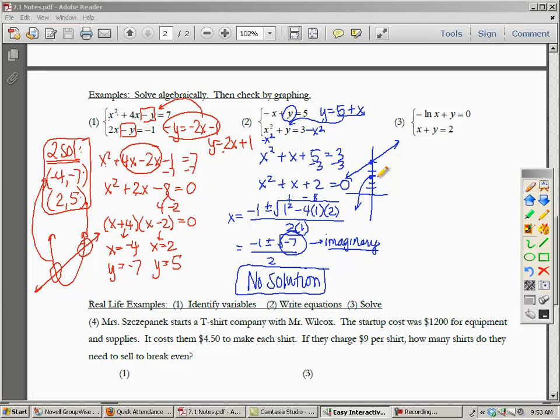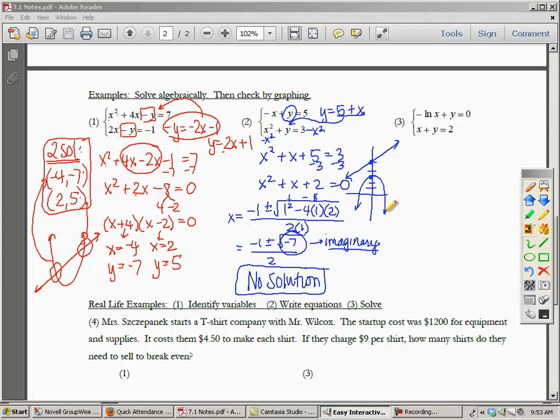So it opens down with a vertex of 3. Do you see why then we don't have any solution or any points in common? Because as you look at this, again, there's no points where the parabola and the line intersect. Okay? So these two are easily proved algebraically.